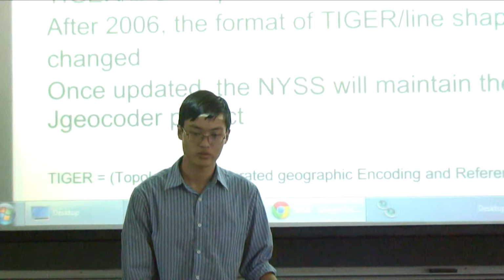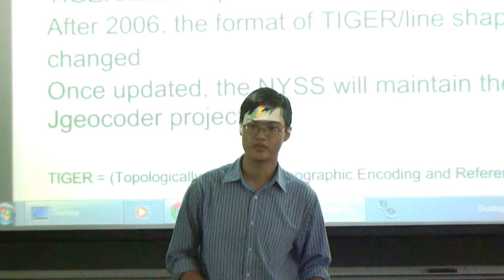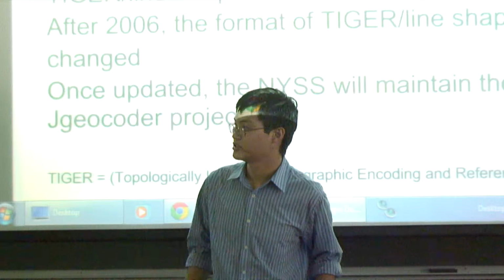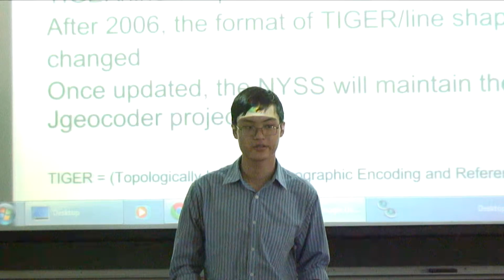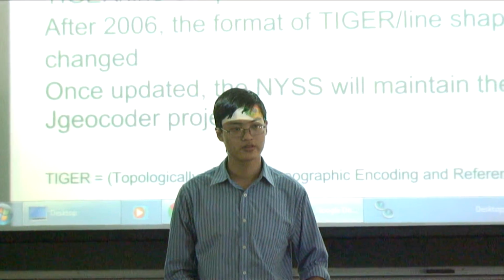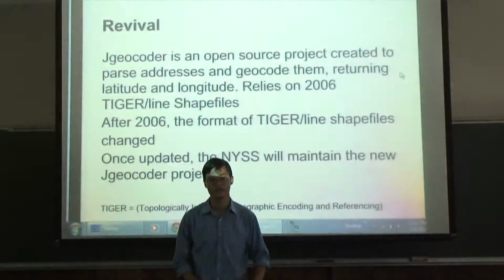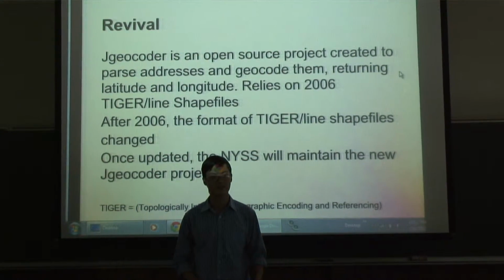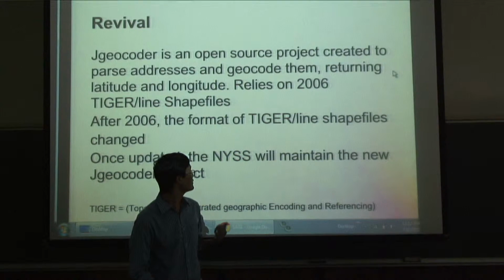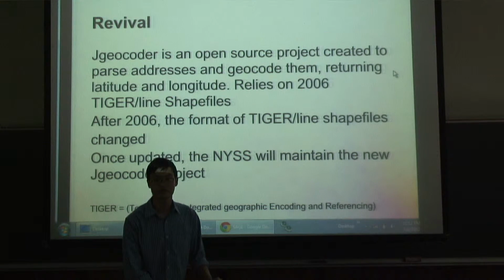My work on this project involves taking a project called the JGeocoder, written in Java. It was built in 2008. It uses 2006 census data called the TIGER Line shapefile. The census publishes this data every year.